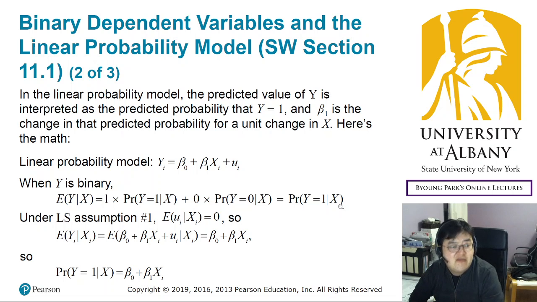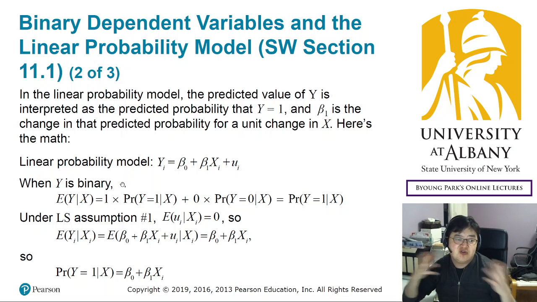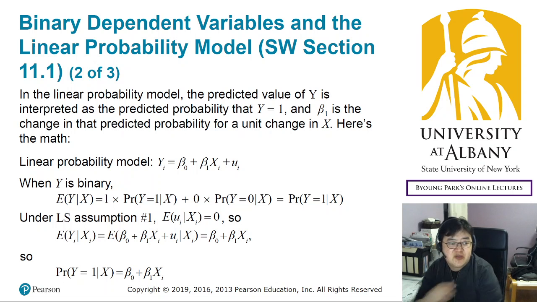What is good about this is that when you interpret the outcome as a probability, you may apply all the techniques, all the statistical methods that are applicable to the conditional mean. So you can take advantage of all the properties of the mean, but just interpret it as a probability. So it's actually nice.